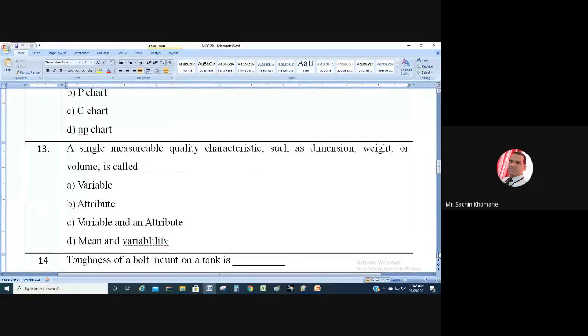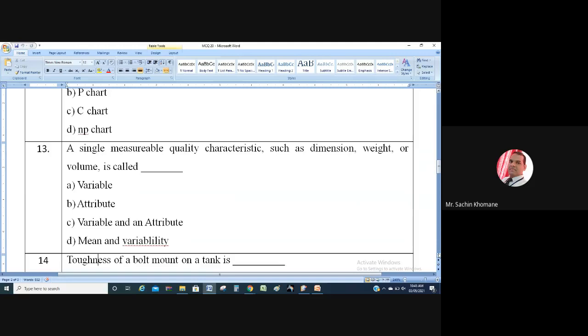Next question. A single measurable quality characteristic such as a dimension, weight, or volume is called a: variable and attribute, mean and variability. We saw two types of charts, variable charts and attribute charts. Variable charts are prepared when things can be measured, such as dimension, weight, volume.